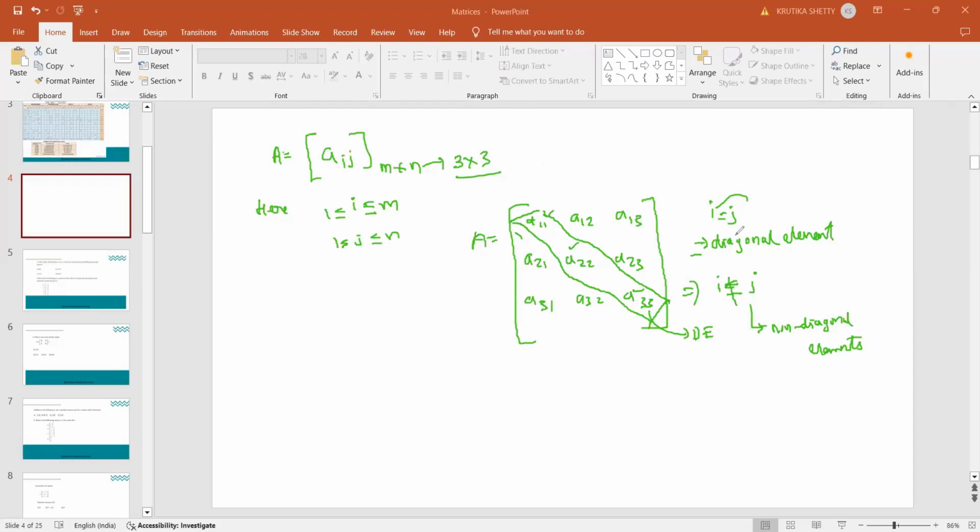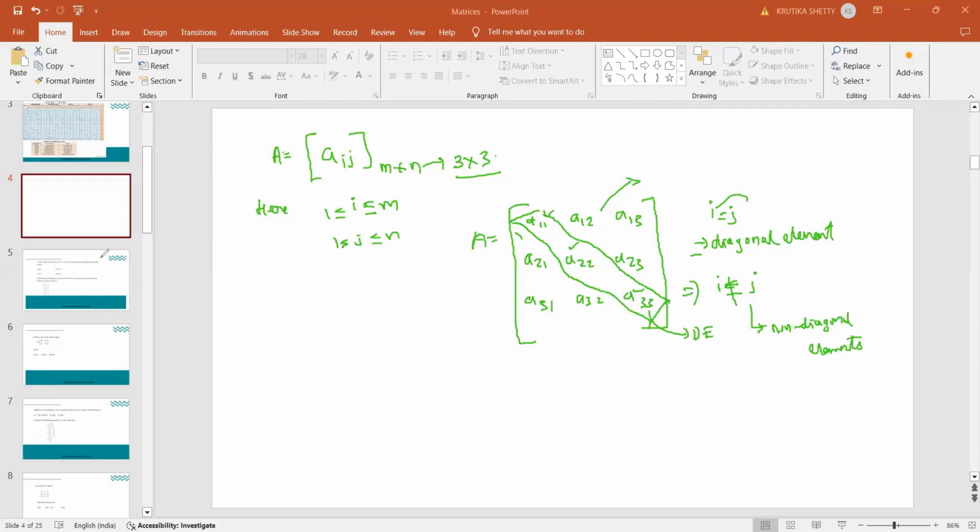Later you can draw this matrix A and show the diagonal elements and non-diagonal elements. This is the general form which you need to know. If the order is given as 3 cross 3, it will have 9 elements. 2 cross 2 will have 4 elements, and so on.